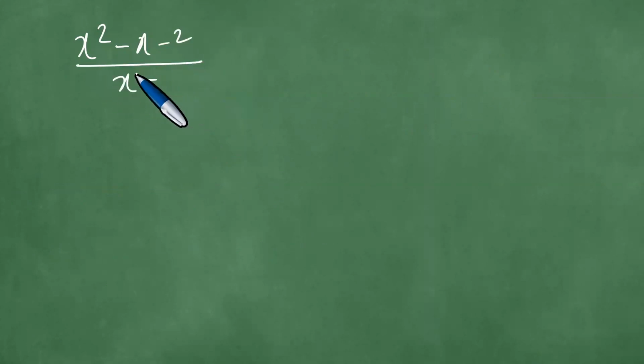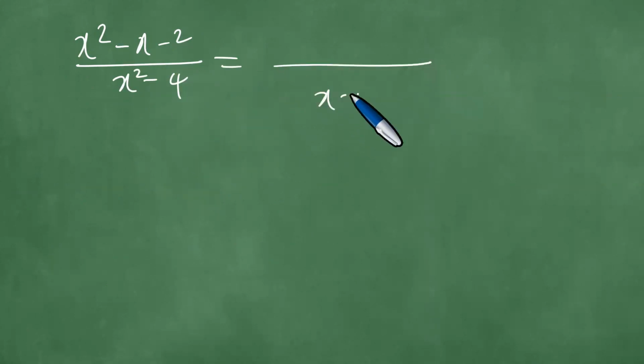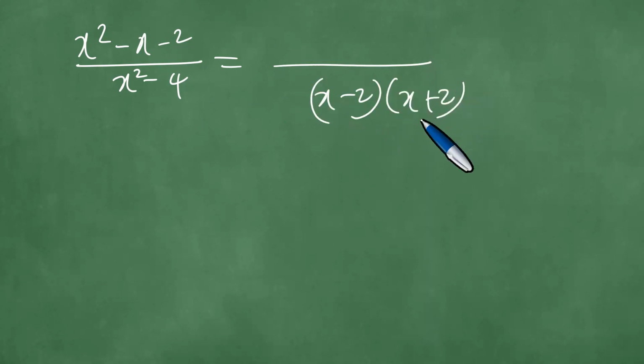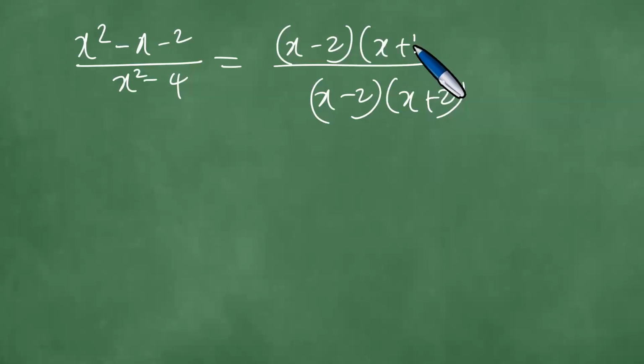Okay, we're stopping now. x squared minus x minus 2 divided by x squared minus 4. I was saying that the bottom is x minus 2 into x plus 2, and the top is x minus 2 into x plus 1.